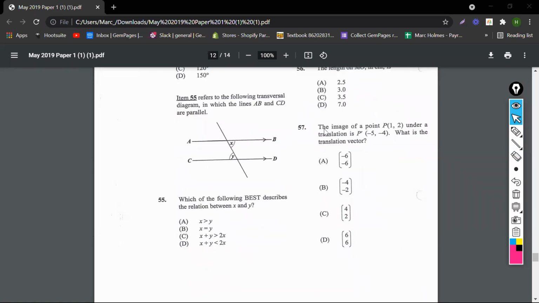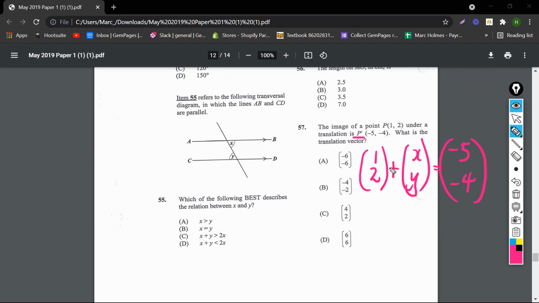And let's move on now to 57. It says the image of a point 1, 2 on the translation P prime is -5, -4. What is the translation vector? Guys, this one is easy. So 1, 2 is added to the translation vector, which is XY, and I end up with -5 and -4.